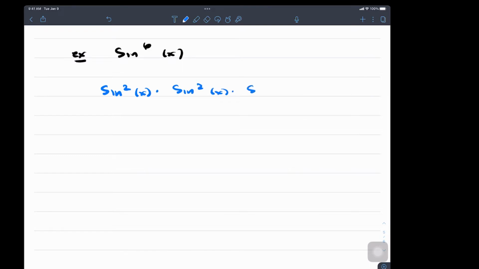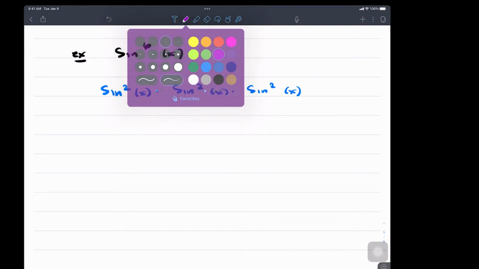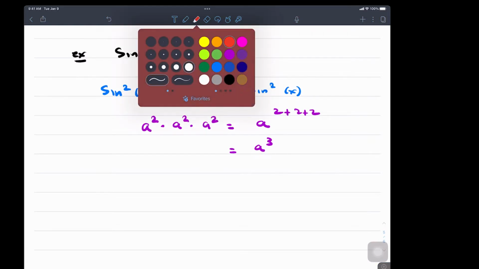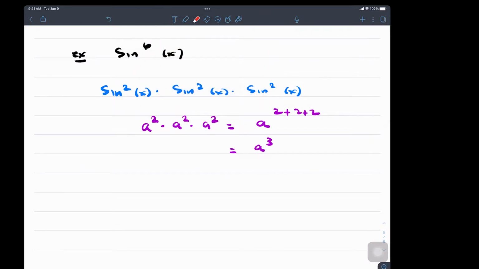Okay, you guys are going to have this here. Now I'm going to give you guys some algebra. You remember this? This is like saying a squared times a squared. What does that give you? 2 plus 2 plus 2, which gives you what? A to the third. I'm sorry, 6.